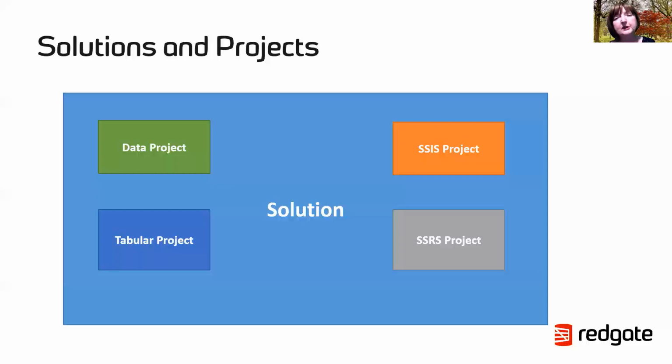The ETL piece of it, extract, transform, load, the piece that pulled the data over from the Oracle system to the SQL Server data warehouse, was in the SSIS, or SQL Server Integration Services, project. And then there was also an Analysis Services project for building cubes. And finally, a Reporting Services project. So that's just what I worked with on one project several years ago.